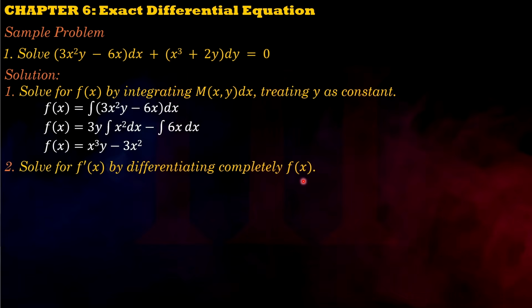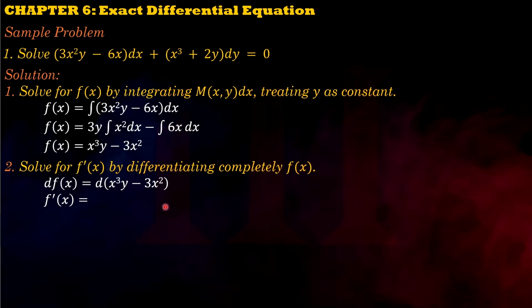Now we have to solve for the f prime of x. How? By completely differentiating f of x. By completely differentiating, meaning we have to differentiate with respect to both variables, x and y. So the derivative of f is simply f prime of x, but for the derivative of x cubed y, we have to treat both x and y as variables.